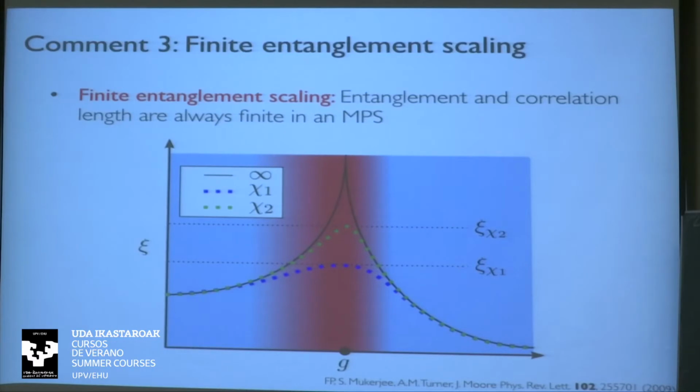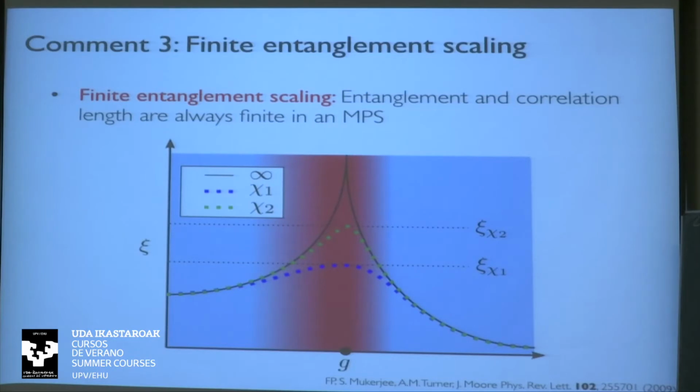This gives us one way, and this is a slide where I want to take a little bit of time to explain it. Let's say that we have some Hamiltonian, in this case the transverse field Ising model. We know that for a small transverse field, we are in a gapped phase where we have a ferromagnet, and for large g, we are in a gapped phase where we have a paramagnet.